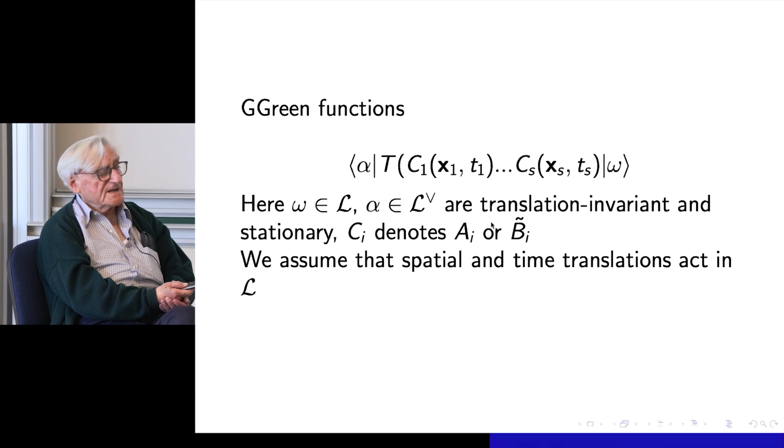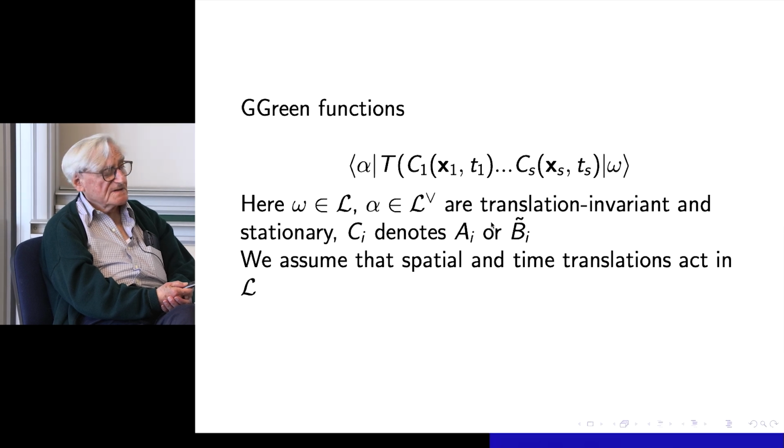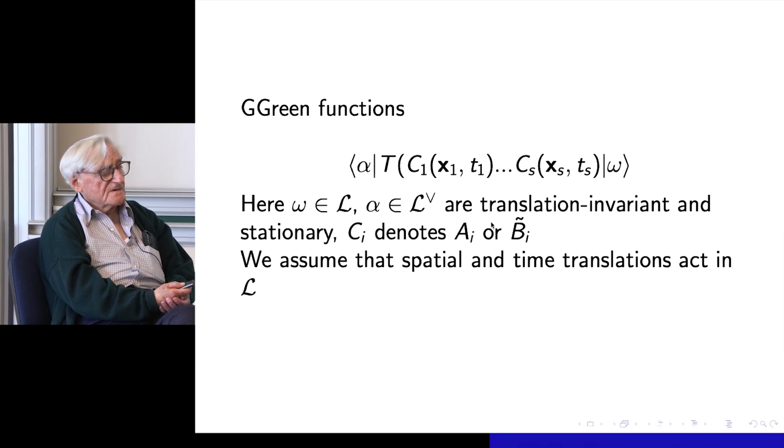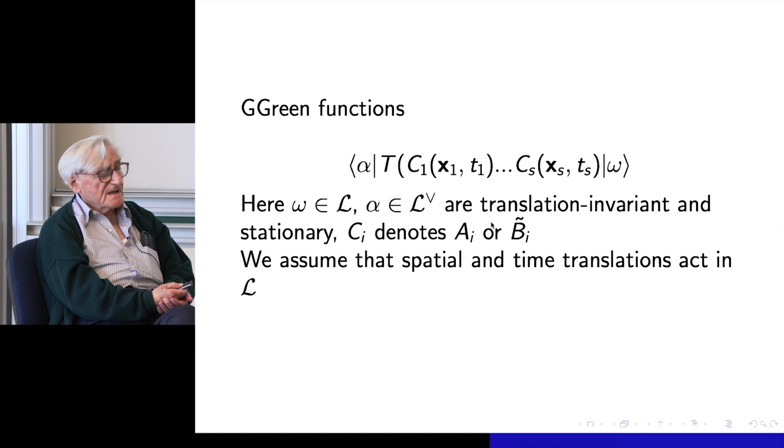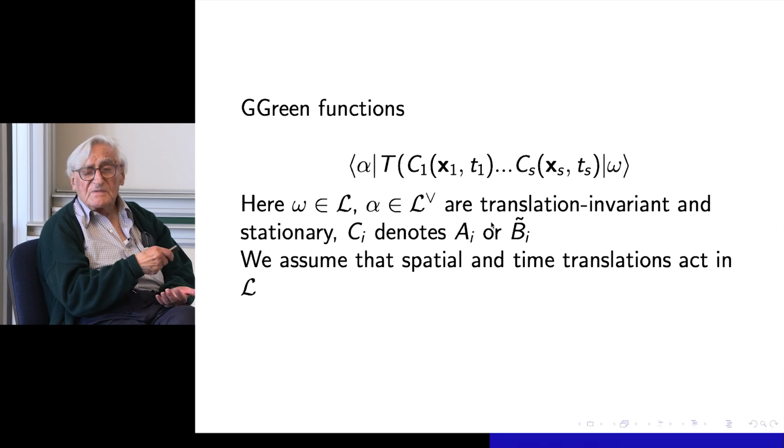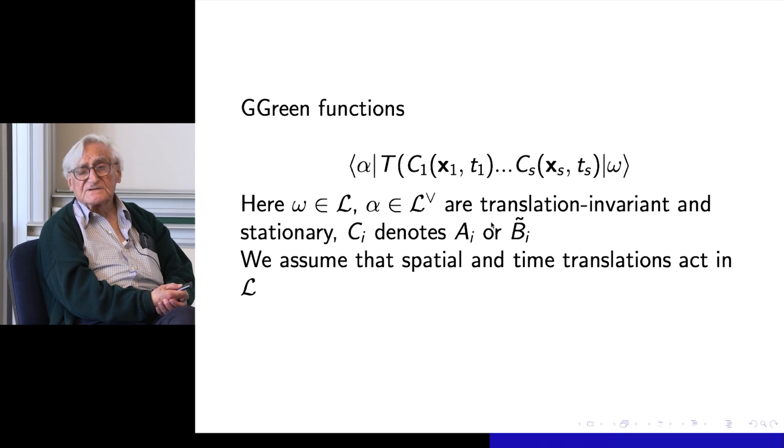But the operators that appear in the definition of green function can be either in the form A or in the form A tilde. Remember that every operator in the algebra gave me two operators in the space of linear functionals. So I have this doubling of fields, as physicists say.